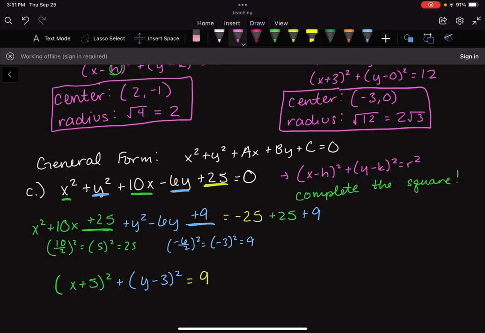So now it looks like my standard equation. So my center, you should pause and make sure you can do it yourself, but negative 5, 3. My radius is square root of 9, so 3.